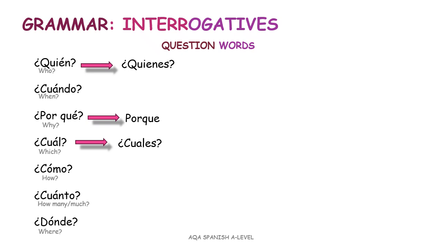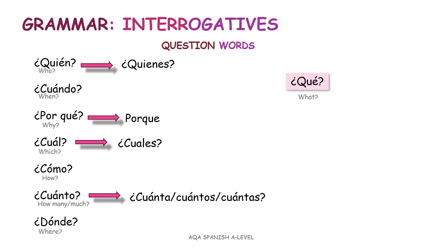And watch out for cuánto, as it needs to agree in gender and number with the noun it refers to. Cuánto, cuánta, cuántos, cuántas. Finally, I remind you that qué doesn't just mean what. It can also translate as which or even how, depending on the context.